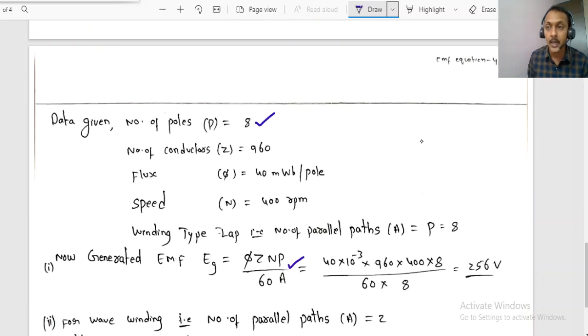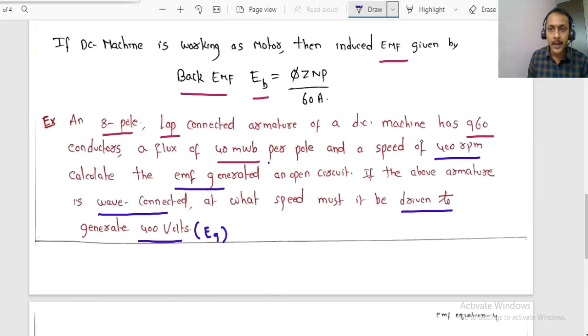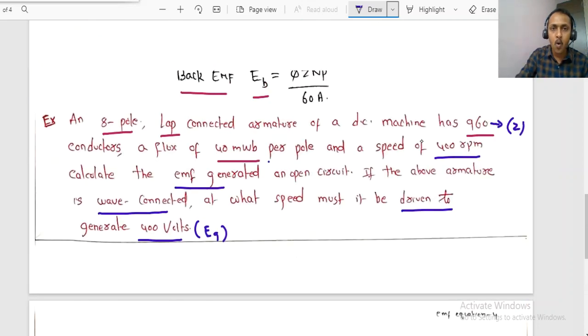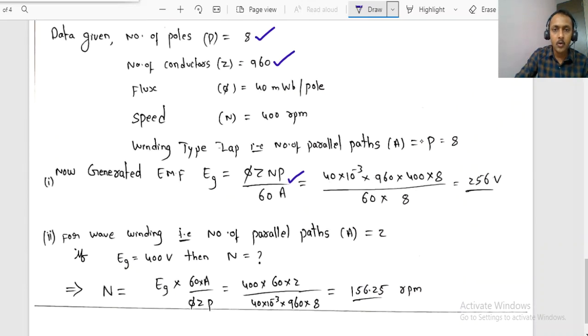The moment you see 960 conductors, it should strike your mind that the number of conductors is denoted with the letter Z. So Z equals 960, and flux per pole he has written as 40 milliweber. So φ equals 40 milliweber per pole, and the speed is 400 RPM.